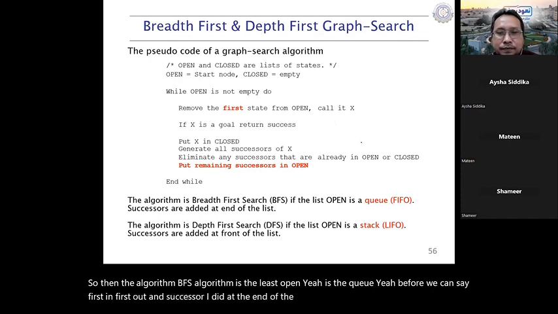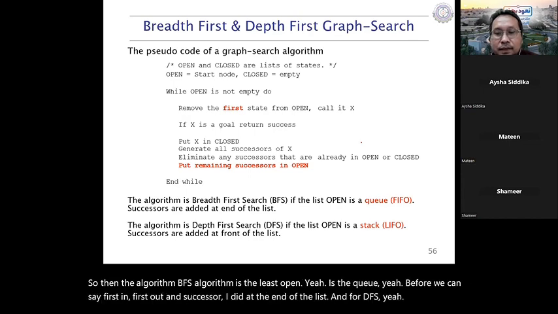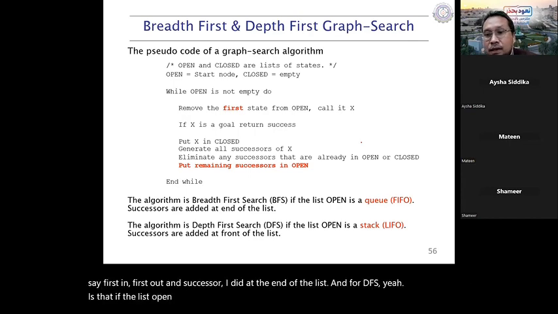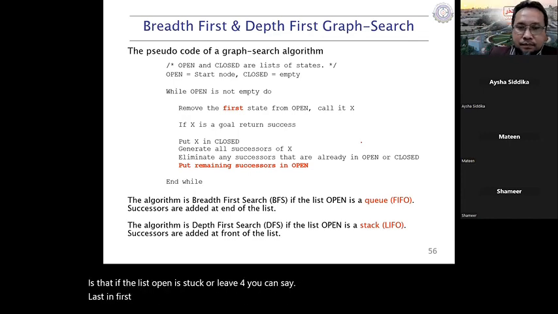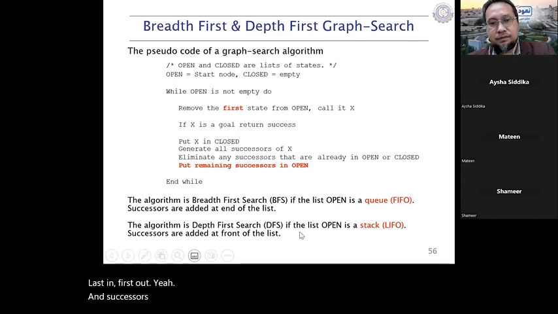For DFS, the list open is a stack, or LIFO, last in, first out, and successors are added at the front of the list.